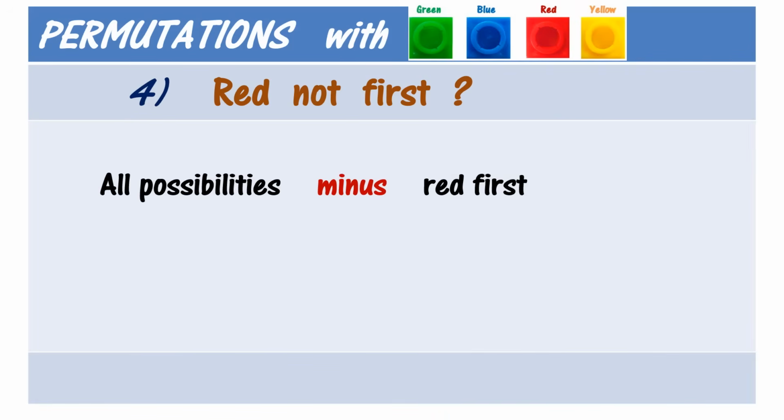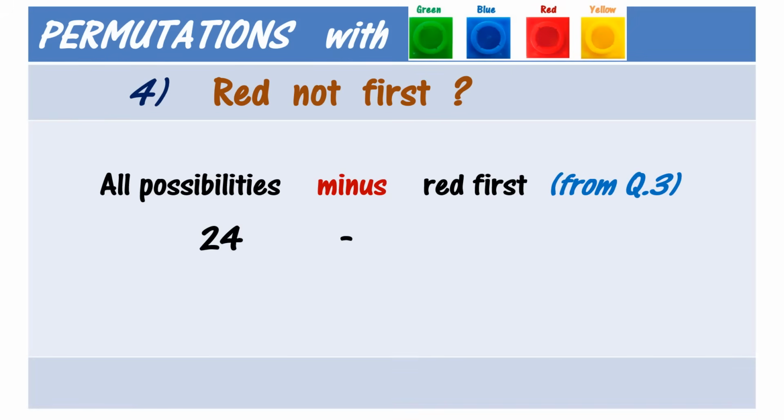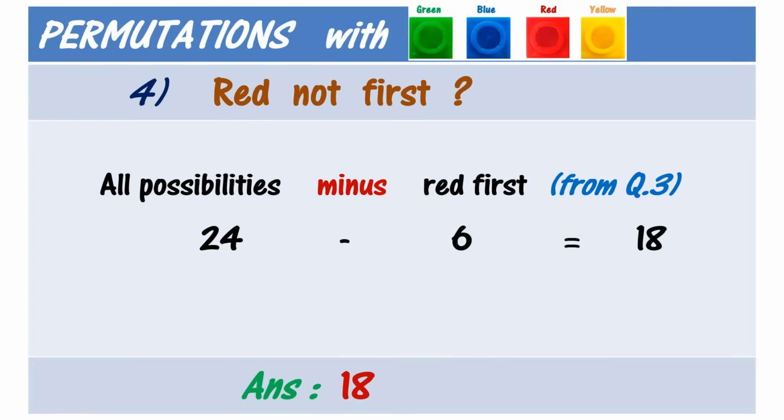Well, we can take all the possibilities and subtract red first, which we did in question 3. That would be 24 minus the 6 possibilities. And our answer is 18.